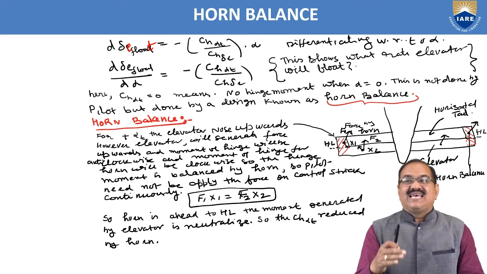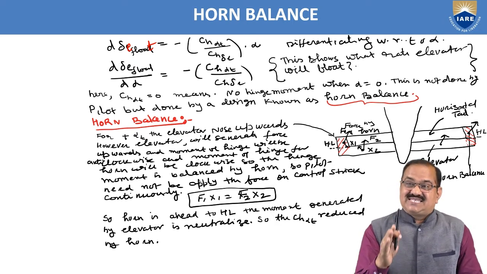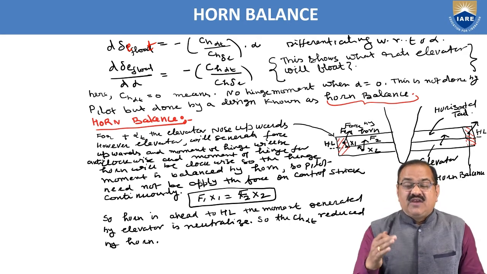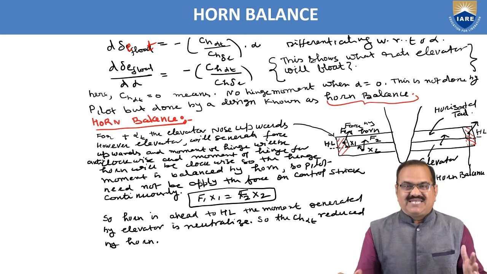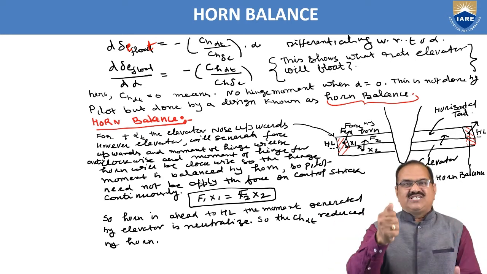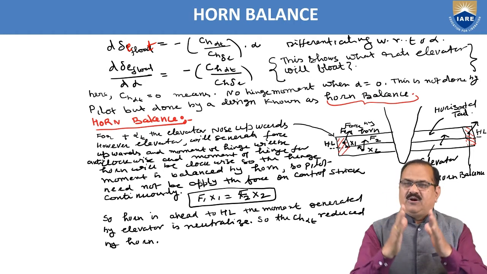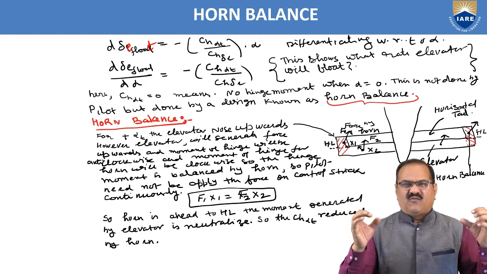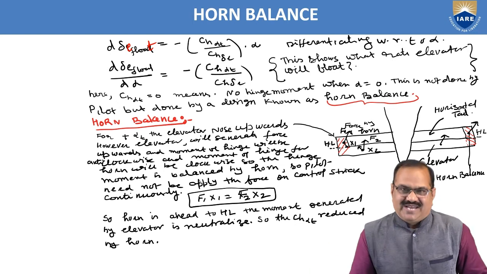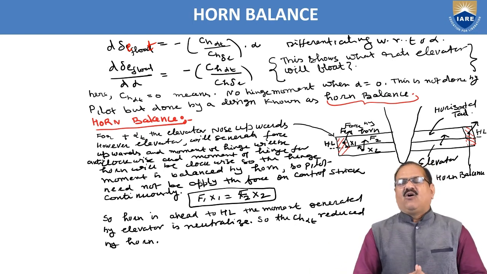So horn balance is a device which makes this hinge moment 0. If we make the hinge moment 0, it means the pilot need not apply force; he can leave the hand and the stick will stay in that position, and the pilot will feel less tired. That is why horns are used in all control systems, and I am going to discuss next what the horn balance is.